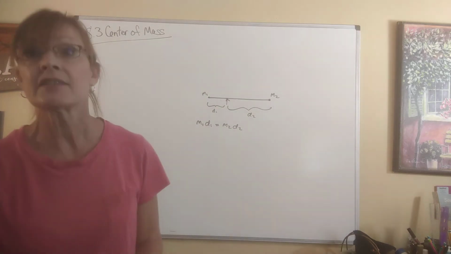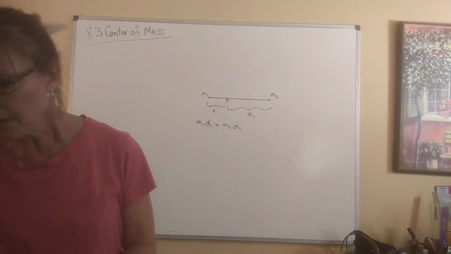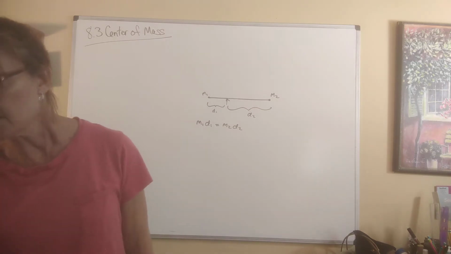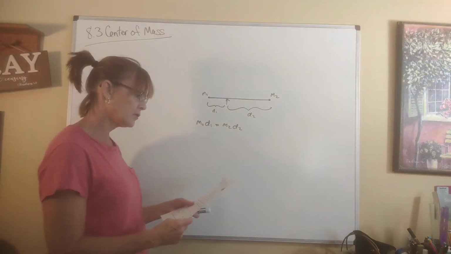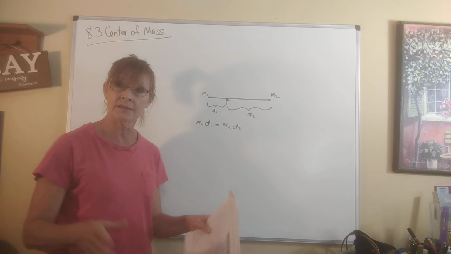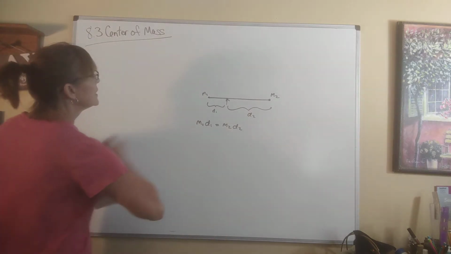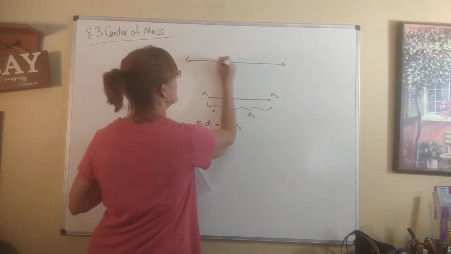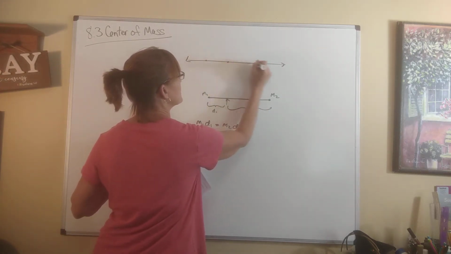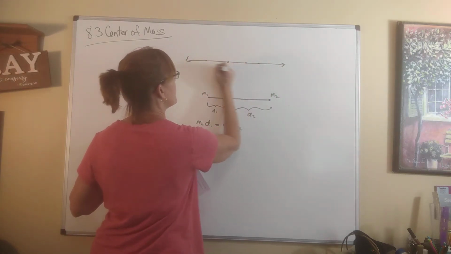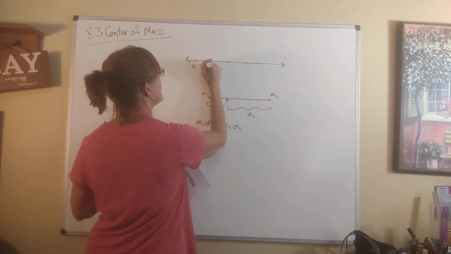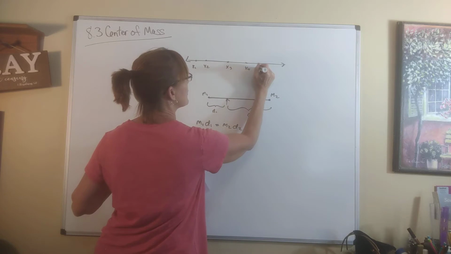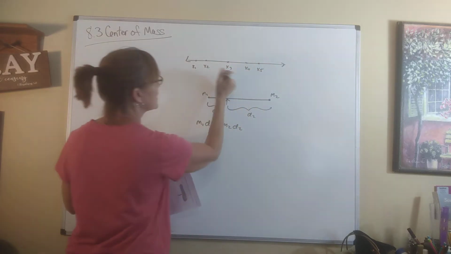And so we can expand this notion of how you can keep something balanced. In general, if we have a system of n particles with masses m1 through mn, located at the points x1, x2 through xn on the x-axis, we can imagine that. So here's an x-axis, sort of like a horizontal beam, and we've got these different points, x1, x2, x3, x4, x5 at these different x locations.